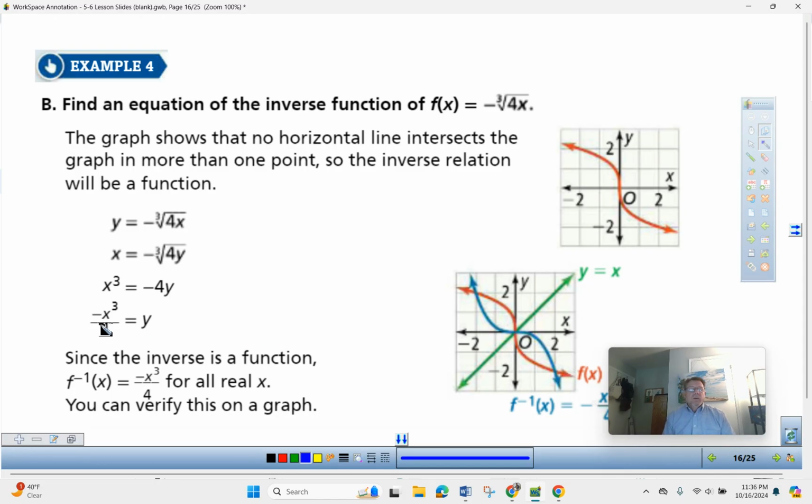So this is not only the inverse relation, but it is an inverse function, because both the original and the inverse pass the vertical line test, which means the x's were used only one time, not more than once. So that's doing it algebraically and then proving it through the graph.